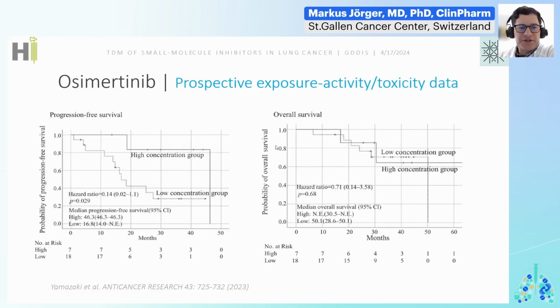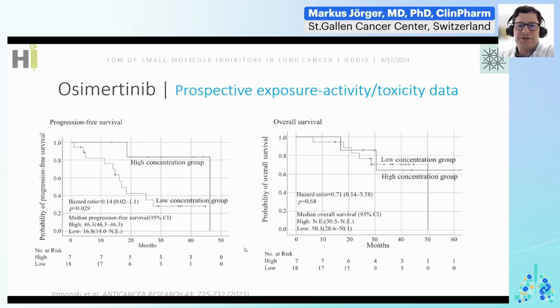You can see for the second small trial, please consider the small patient numbers, there was some correlation with high and low exposure patients. This was not seen with overall survival.